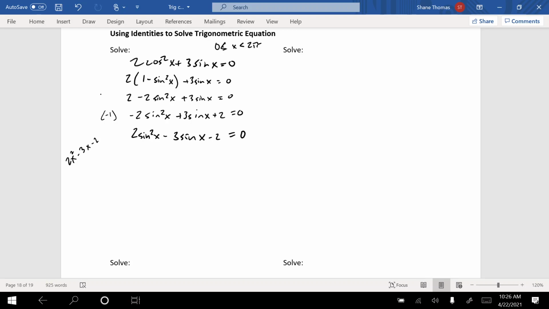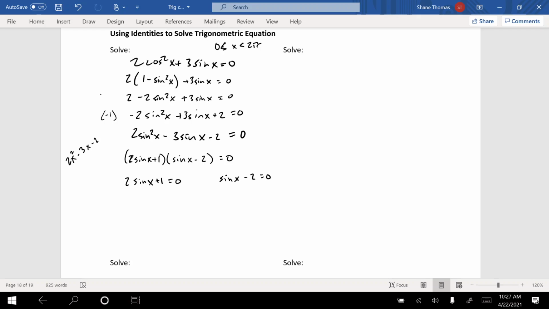So I can rewrite this in here with the functions: 2 sine of x plus 1, and then sine of x minus 2, equal to 0. Now I'm at a spot where I can split this and set them both equal to 0. So 2 sine x plus 1 equals 0, and sine x minus 2 equals 0.